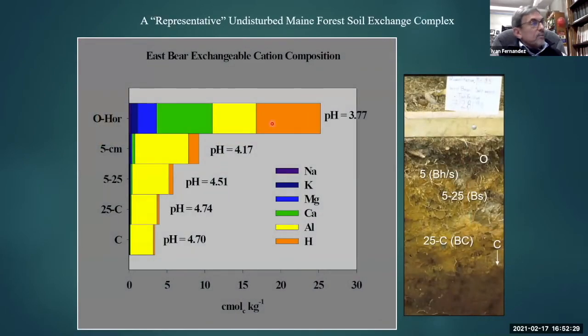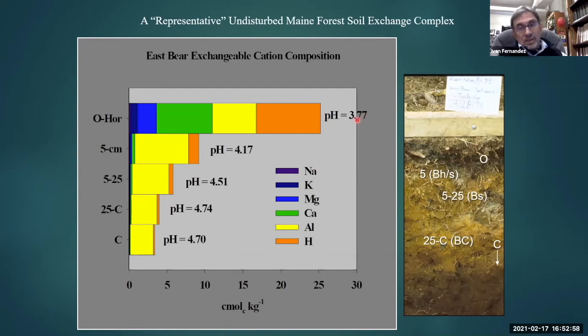This is a pretty typical forest soil. These are the data from Beddington, but I've done soils all over the state, and it looks different. These are just different depth increments in the soil profile. Here's our O horizon, and in a forest, and maybe at times in blueberry, the O horizon has a really low pH.